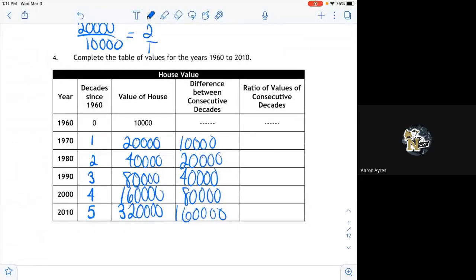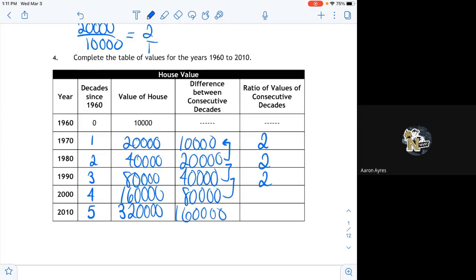So the next one says ratio of values of consecutive decades. So that's comparing 20 over 10. What's that become? Right, 2. 40 over 20 becomes 2, right? 80 over 40 becomes 2. 160 over 80 becomes 2.